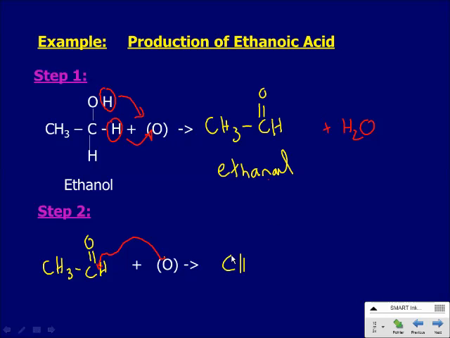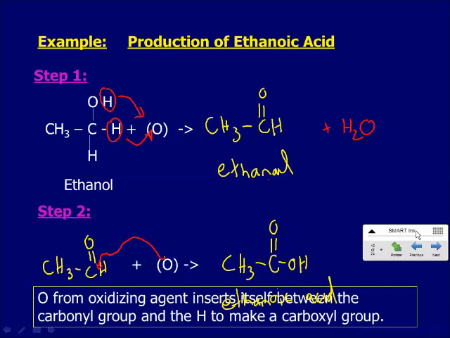And that gets CH3, C, double bond O, and now we have an OH. And what is this stuff called? Ethanoic acid. Ethanoic acid. So it's a two-stepper from the alcohol. Let me just give you this last little statement here to finish this.